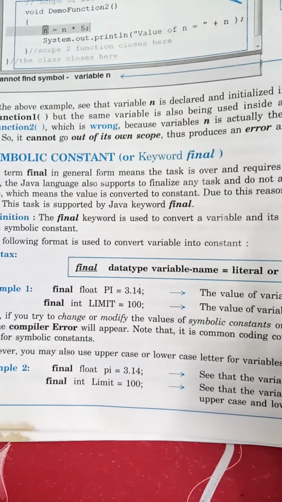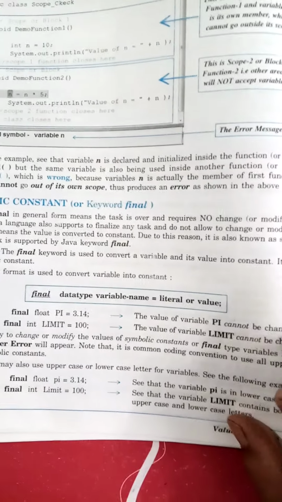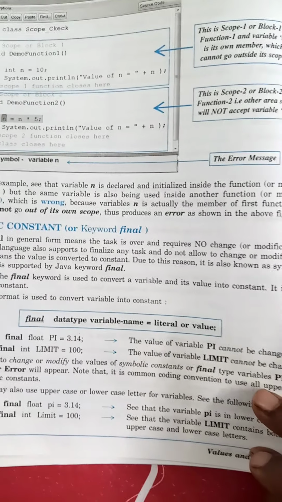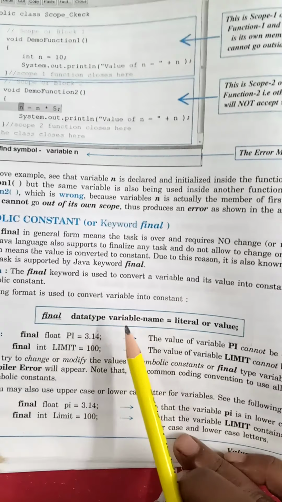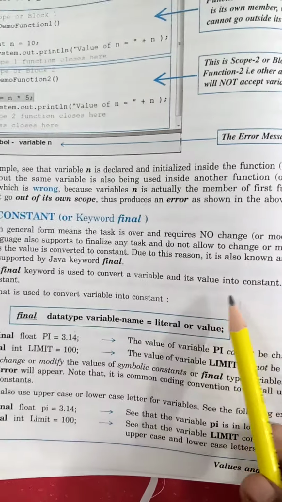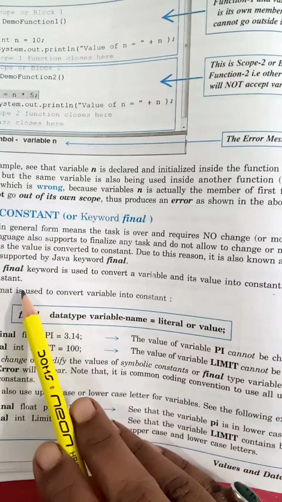Now, symbolic constant or the keyword final. Constant variable: I told you that the value of a variable may vary during program execution, but in the case of a constant, the final keyword is used to convert a variable and its value into a constant. It is also known as a symbolic constant.